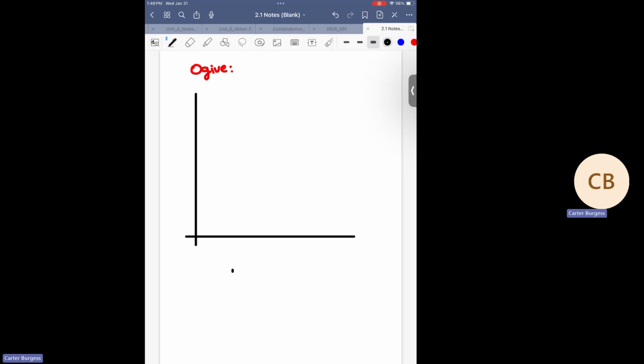X-axis is still going to be my class boundary. My y-axis, which before was just the frequency, now is going to be a little bit different. This is now going to be the cumulative frequency.